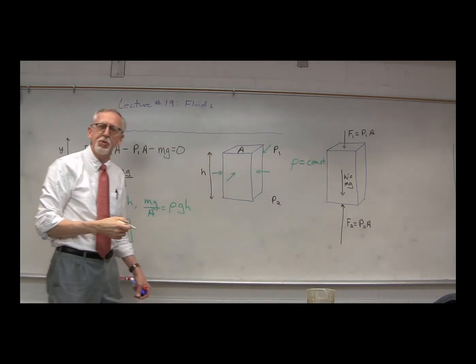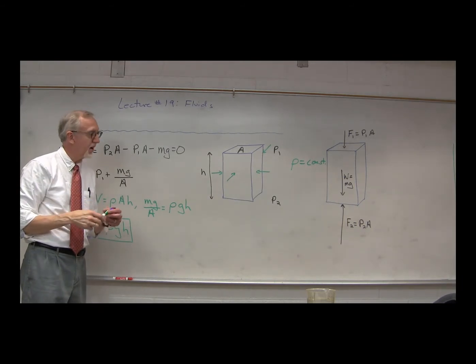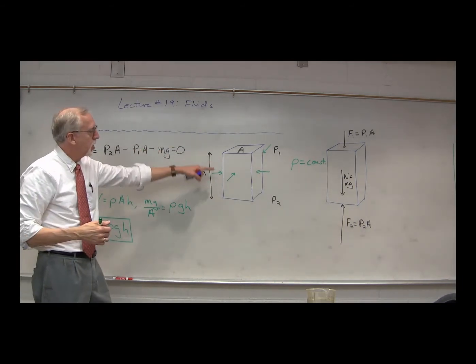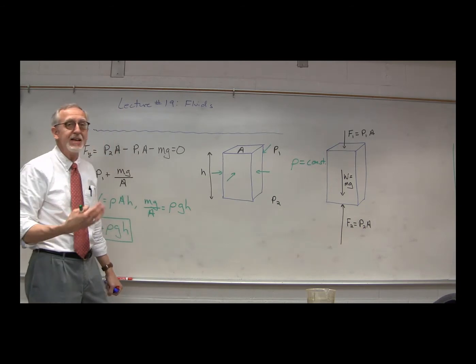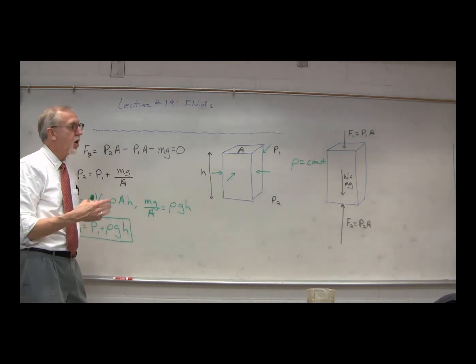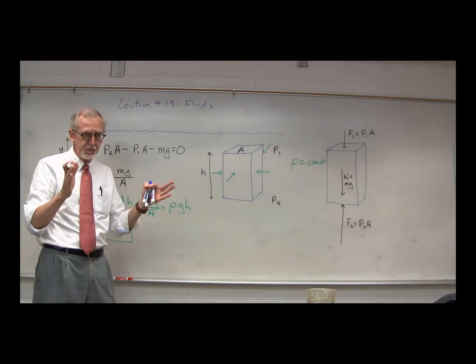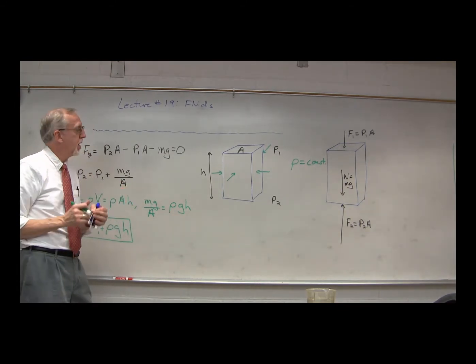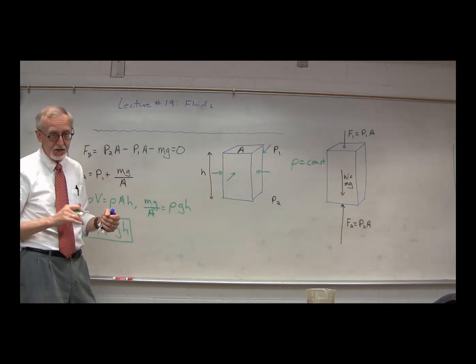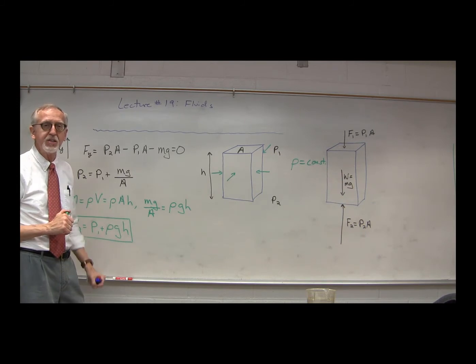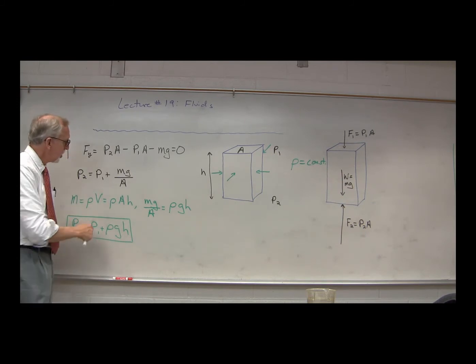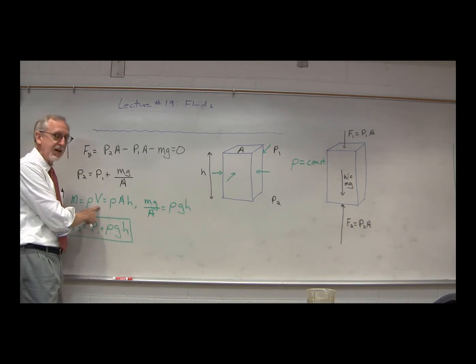Now for water, that's a pretty good approximation. Even if you go down fairly deep in water, the density does not change that much. Water is fairly incompressible. It doesn't compress much when you apply forces to it, not much, okay? Enough for us to assume that it's constant. So we'll say that the mass is the density times the volume.